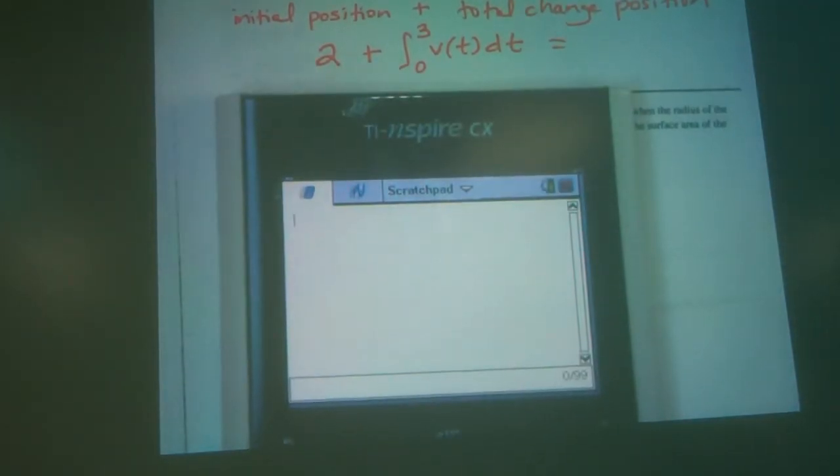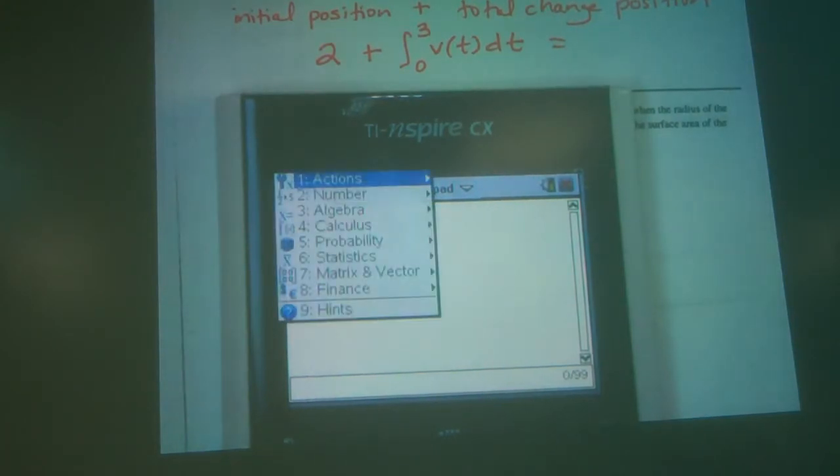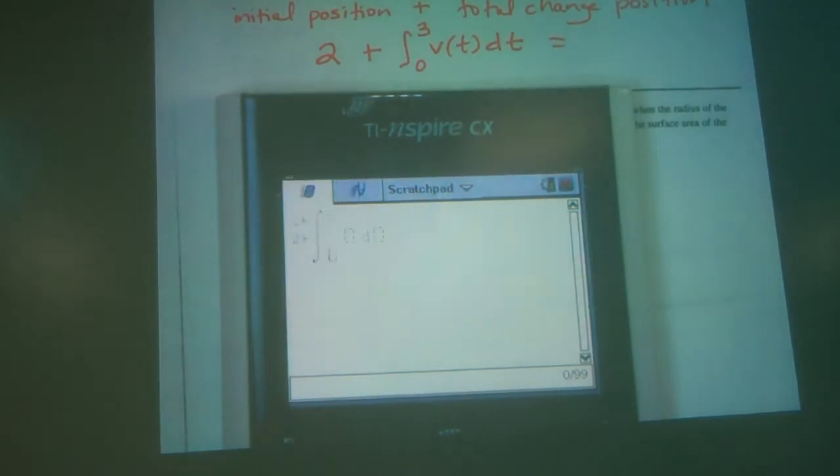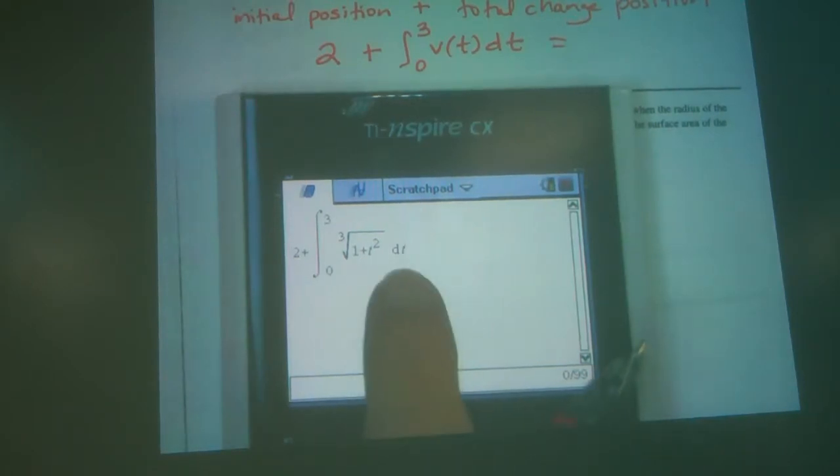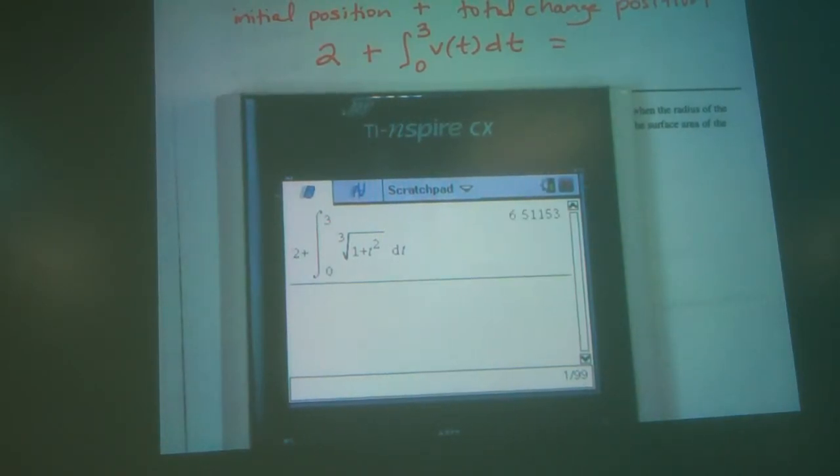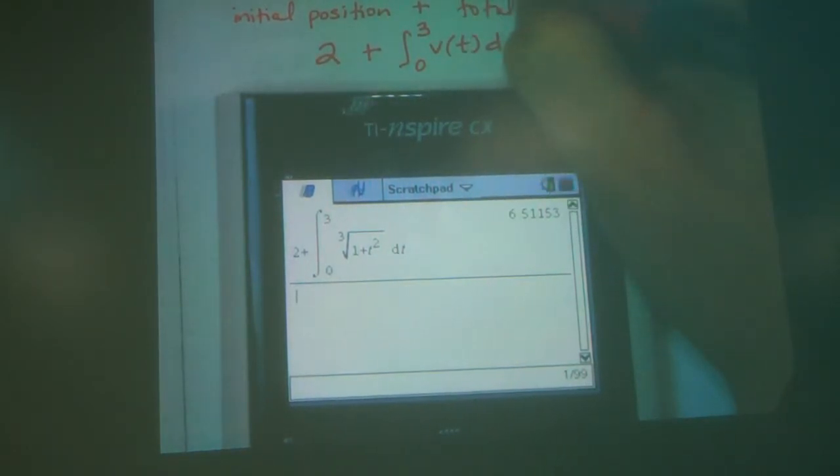So we would do 2 plus the numerical integral from 0 to 3 of the cube root of 1 plus, and you can use t or x, doesn't matter. Whatever you use, though, you have to put the same variable over here. And so you should get 6.512, which is D.